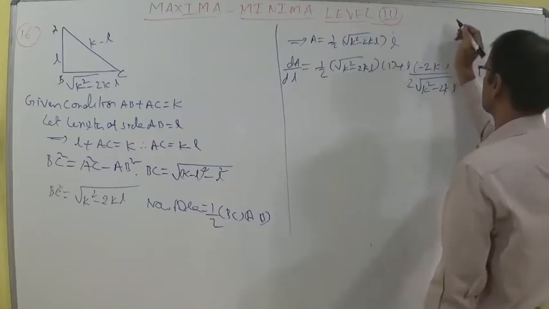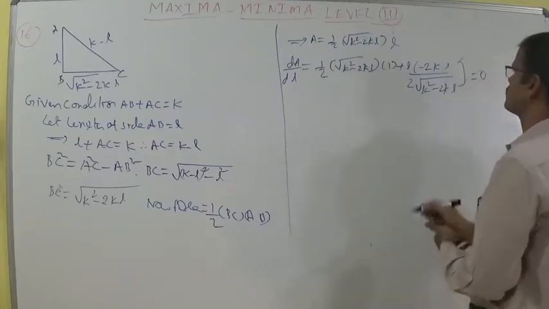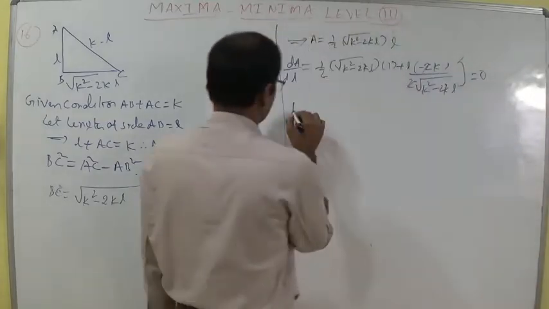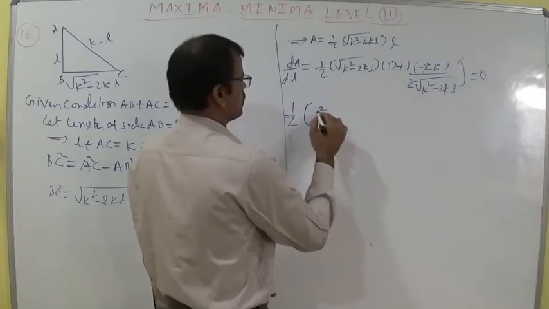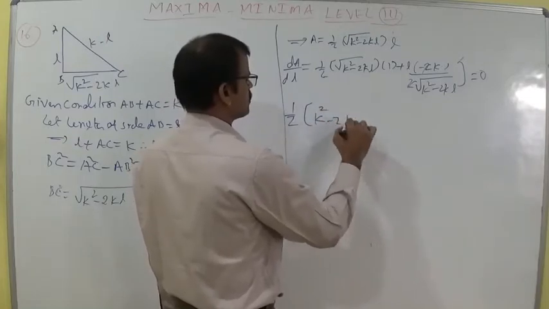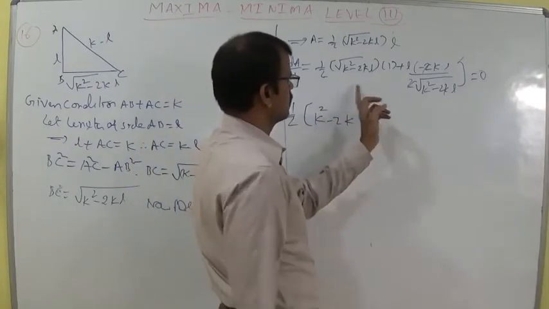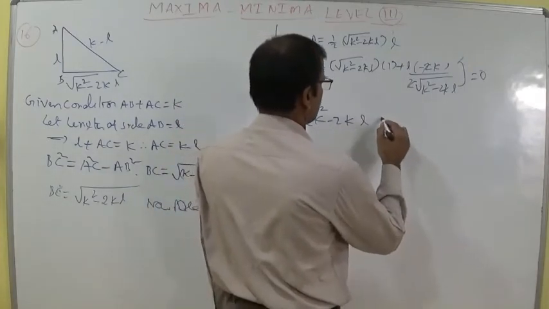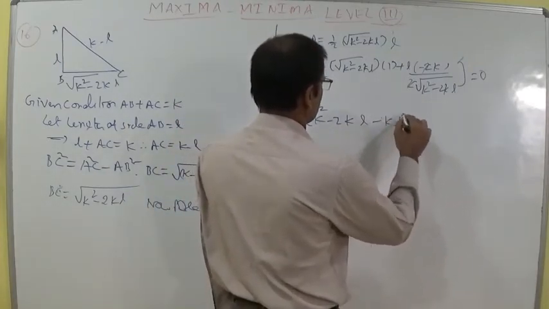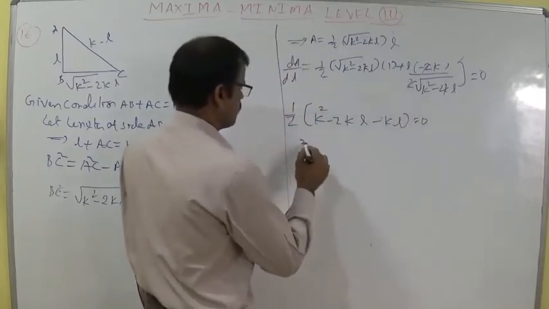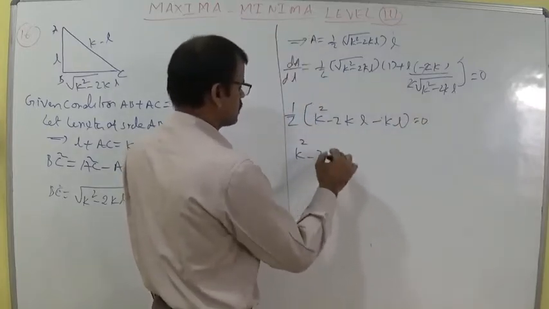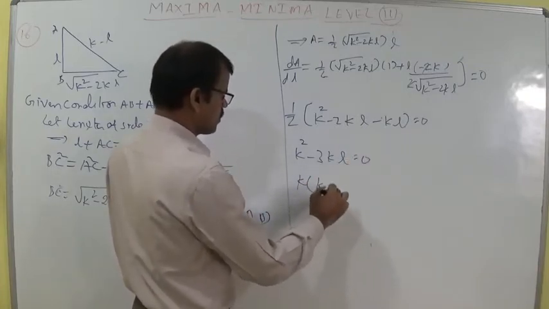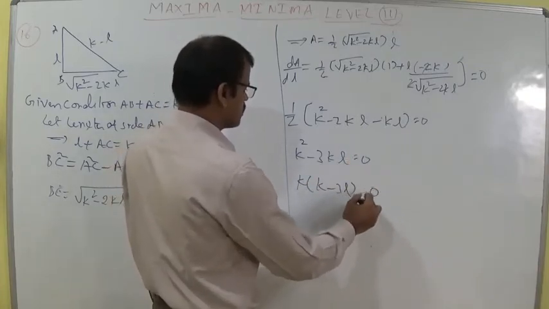The 2 and 2 get cancelled, and we get K square minus 2KL minus KL equal to 0. That is K square minus 3KL equal to 0. Taking K common, K into K minus 3L equal to 0.